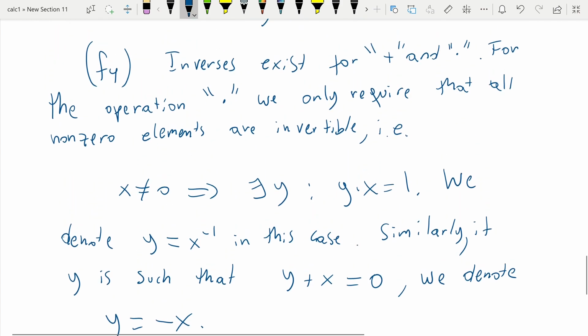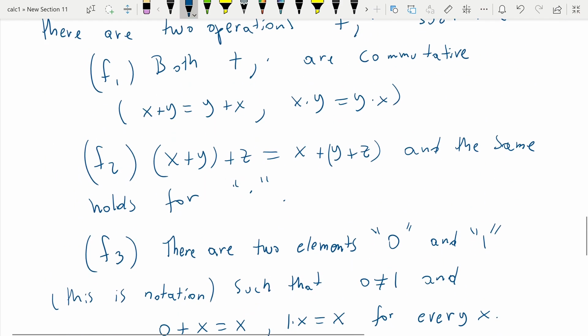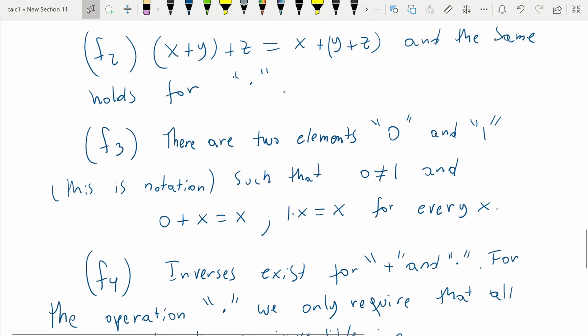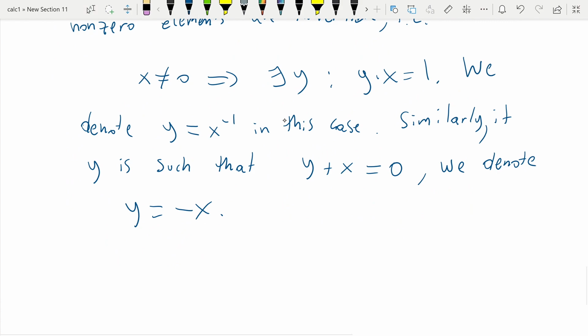And finally, the last property. All these properties we have talked about the plus and the operation times and the product separately. So we need a relation between the two of them, something that relates to operations.